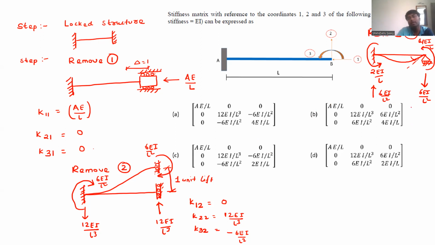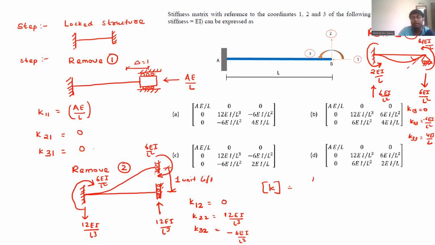Correct. Can you write K13? K23 will be minus 6 EI. K33 minus 4 EI.